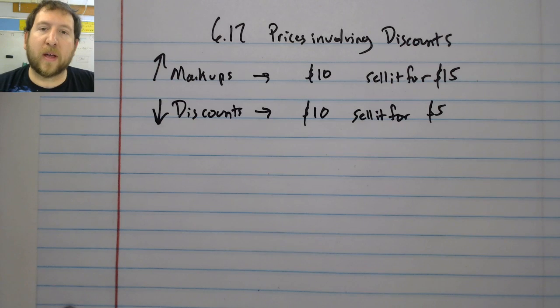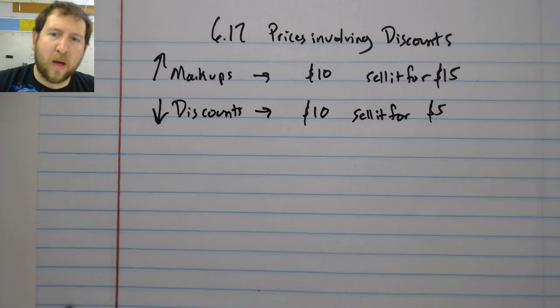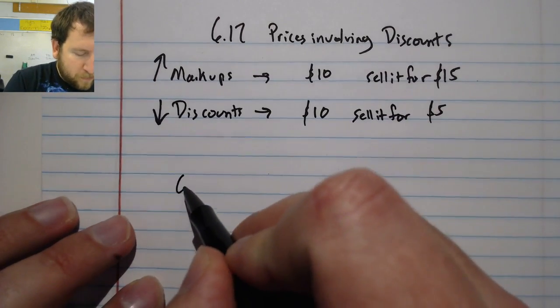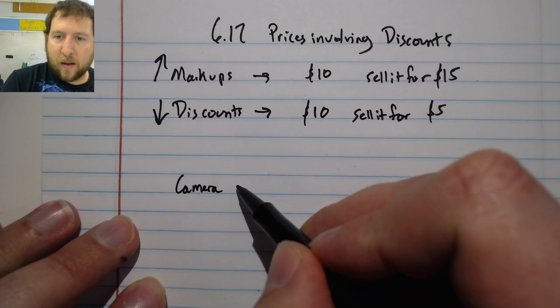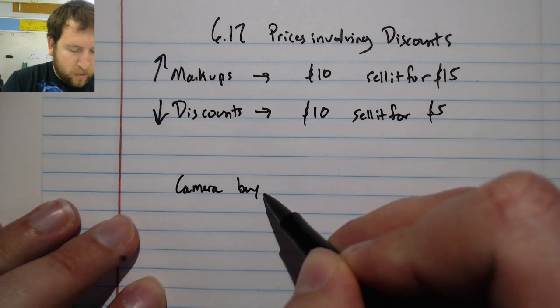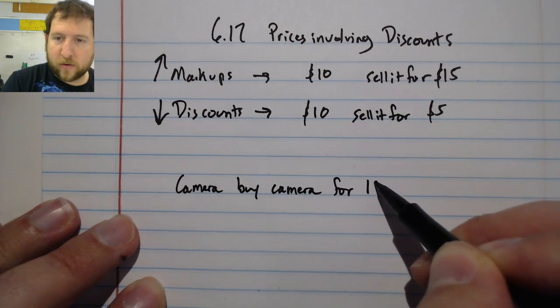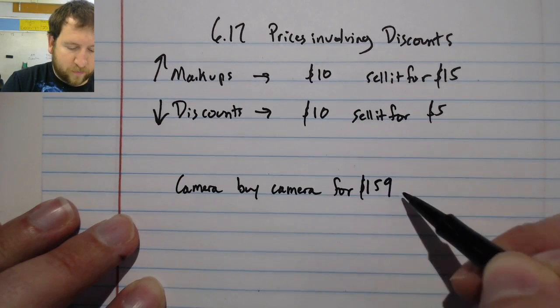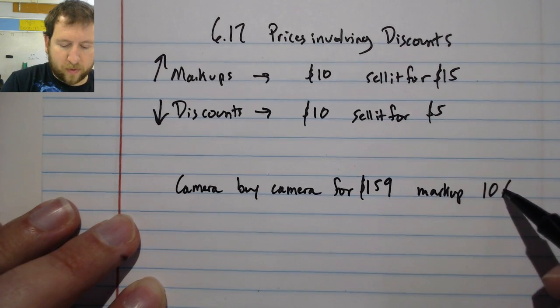Now I want to show you a couple tricks to do these problems a little bit easier. So say for example, let's find one of their examples. Camera store, and they buy a camera for $159, and then they mark it up 10%.